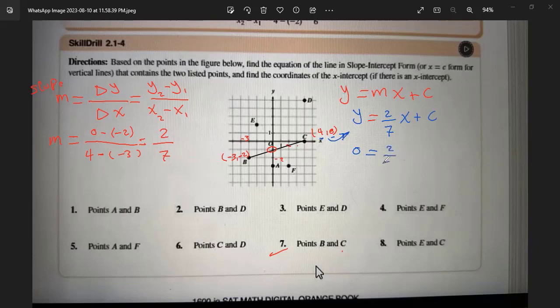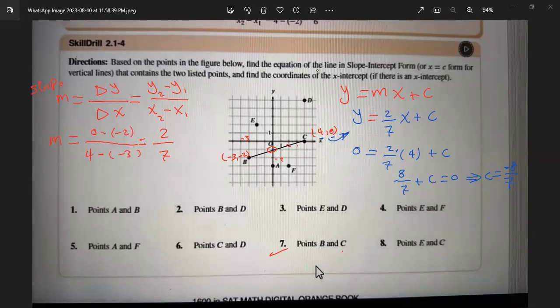And x equals 4. So just use the calculator here: 8 sevenths plus c equals 0. We get c equal to negative 8 over 7.